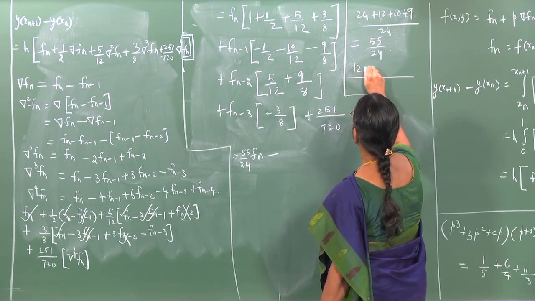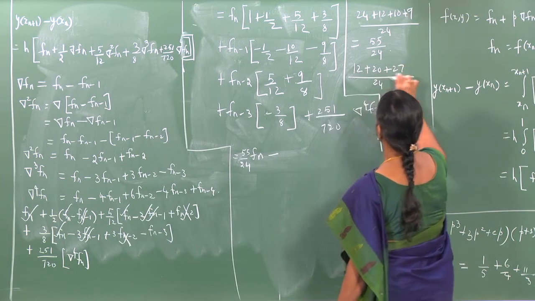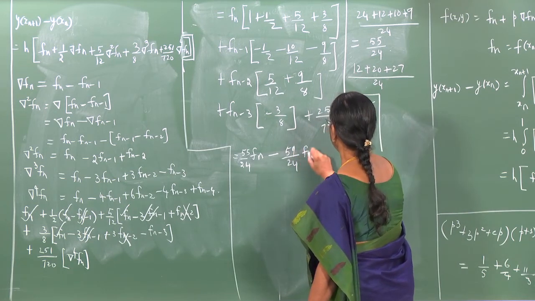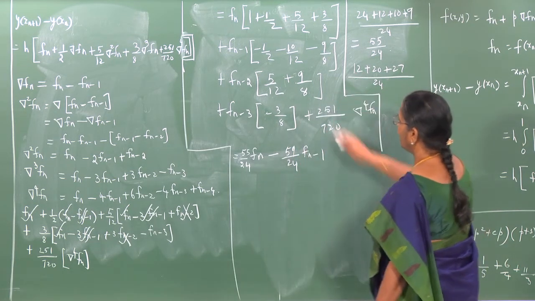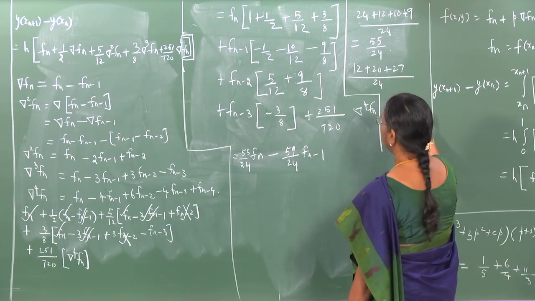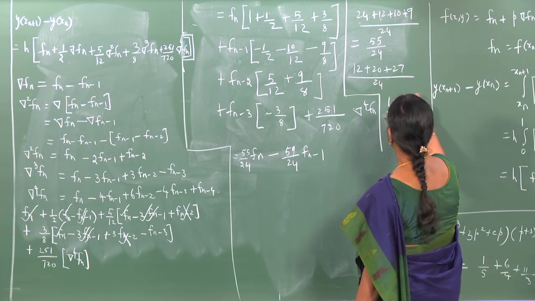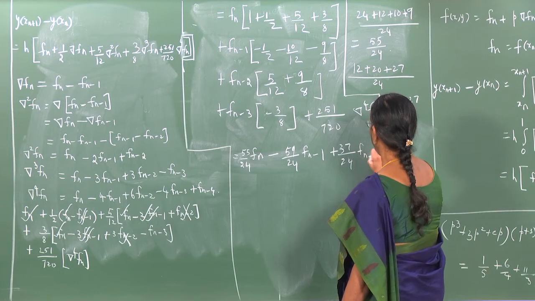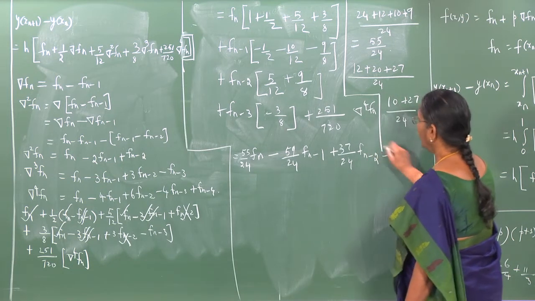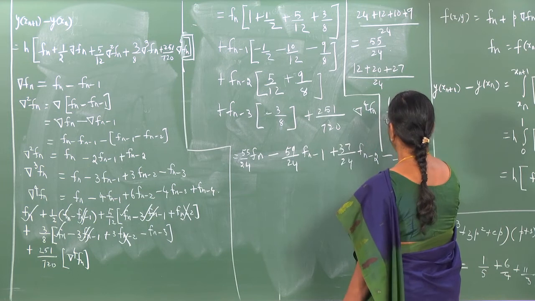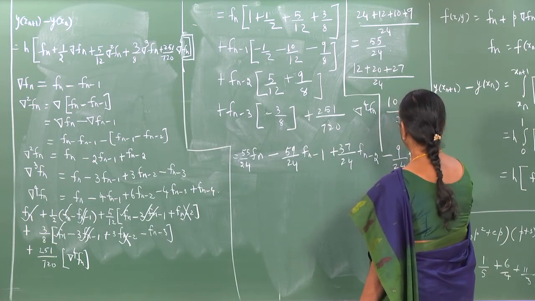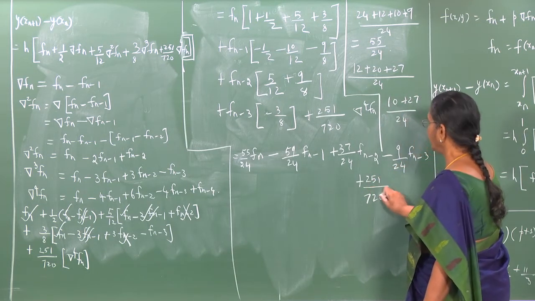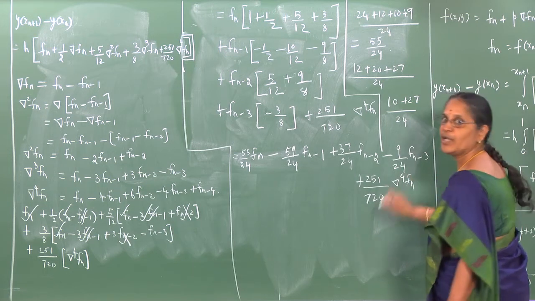So, I have 12 plus 20 plus 27, 47, 49, so 59 by 24 into Fn minus 1. Then this term again 24, so 10, 27, so plus 37 by 24 Fn minus 2. And then if I take 24 here, it will become 9 by 24 Fn minus 3, and then the last term 251 by 720 into del power 4 Fn.